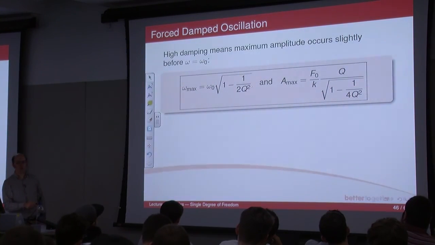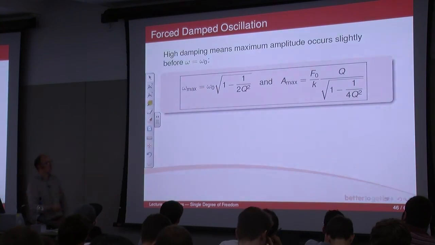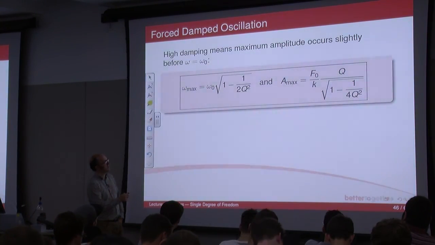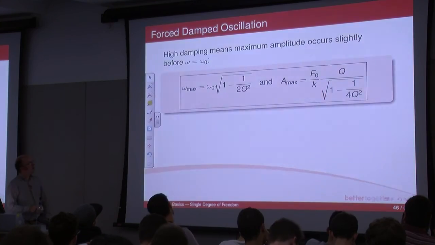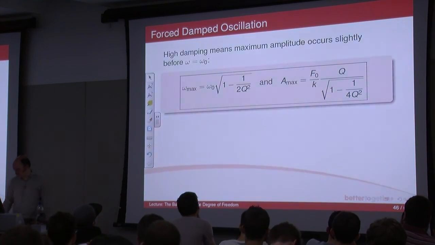If Q is very low, so damping is high, then this number comes into play and it reduces the value of omega naught, becoming a number that's less than 1 times omega naught. The maximum amplitude is slightly different as well, because we've stuck our omega into that frequency, and that's what you're getting there.